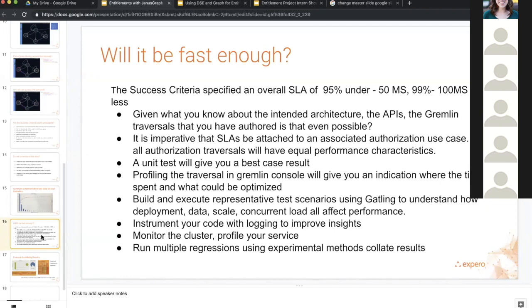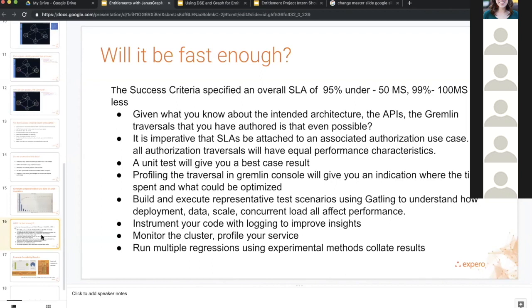And we found that you could do some profiling in the Gremlin traversal, but really the best way to do this is you come back, you instrument your code with logging and timing. You monitor your cluster and profile your services as they're running, and you run multiple regressions using experimental methods.